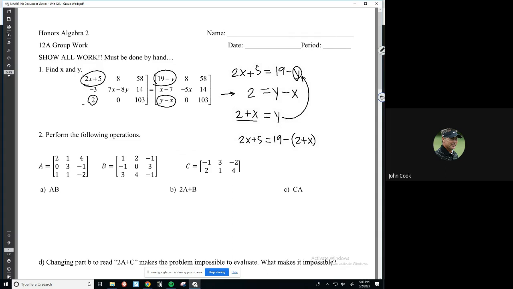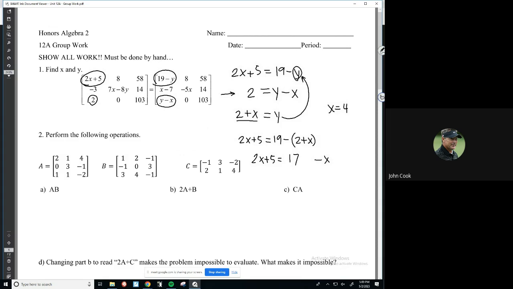And remember what x was? X is equal to 4. That's what I should end up with. And I'll show you that's what I'm going to get. 2x plus 5 equals 19, and then that'd be minus 2, and then minus x. 19 minus 2, that's 17.